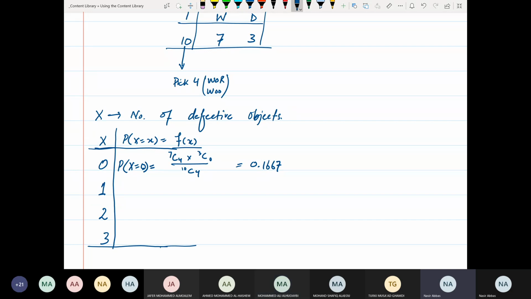I saw another hand raised. Who was that? Ali, tell me what is the probability of X equals 1? It's 7C3 times 3C1 over 10C4.